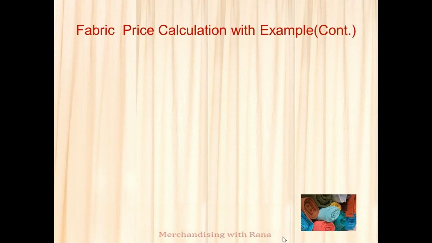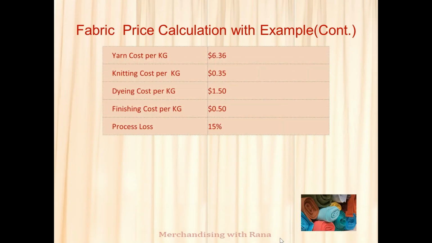Now I have yarn cost per kg, knitting cost per kg, dyeing cost per kg, finishing cost per kg, and process loss. Process loss depends on the fabric mill's efficiency, how much they can achieve. You have to consider that because in every process, from yarn to knitting, knitting to dyeing, dyeing to finishing, there is some wastage of fabric.